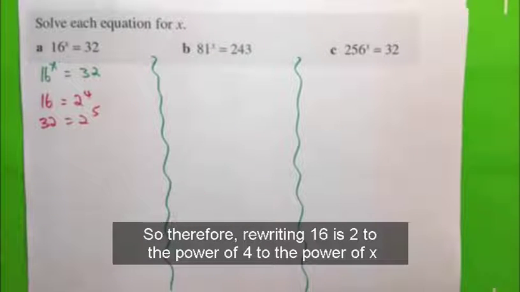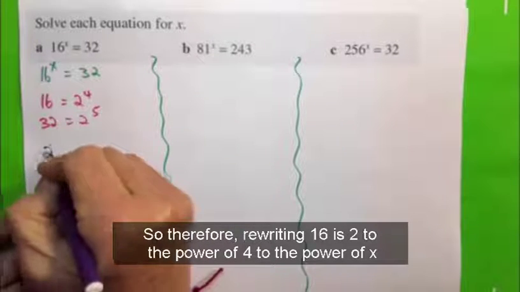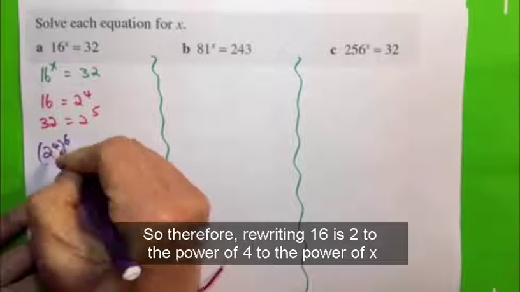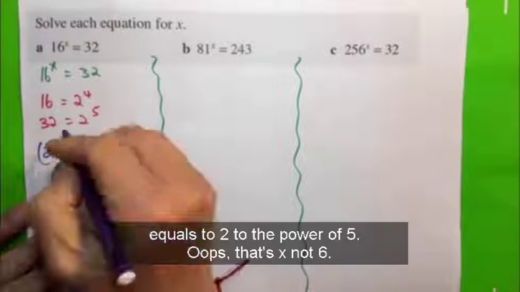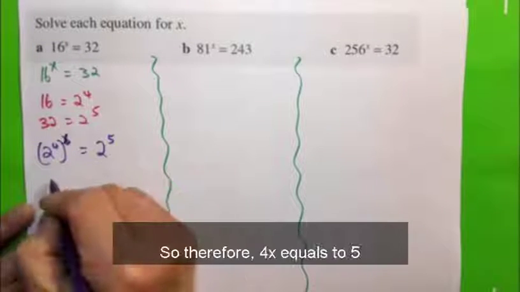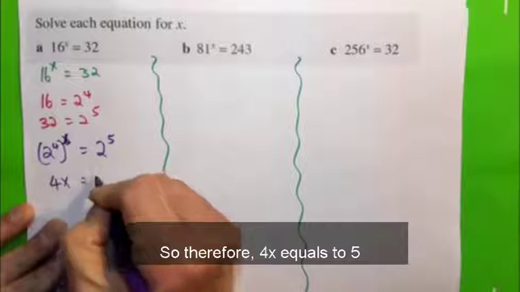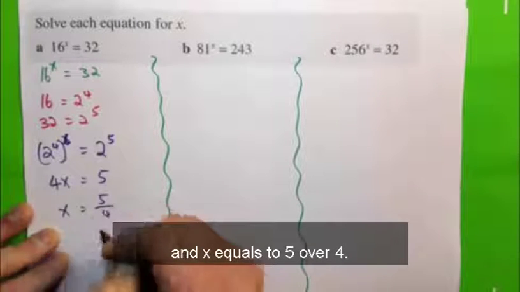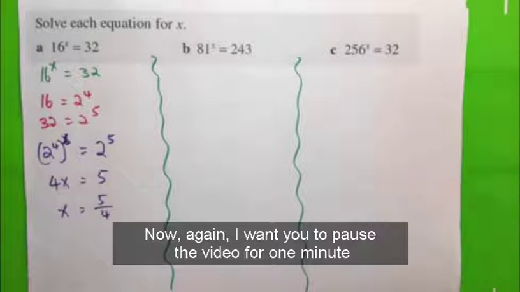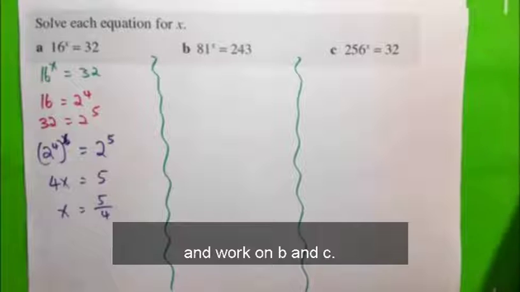So therefore, rewriting 16 as 2 to the power of 4, to the power of x, equals 2 to the power of 5. So therefore, 4x equals 5 and x equals 5 over 4. Now, again, I want you to pause the video for 1 minute and work on B and C.